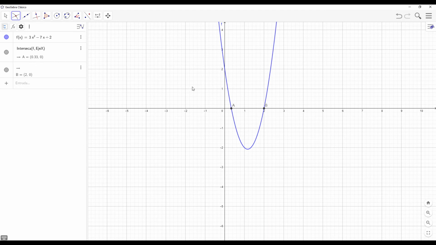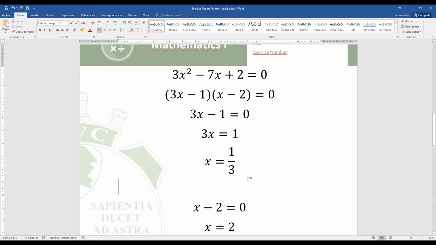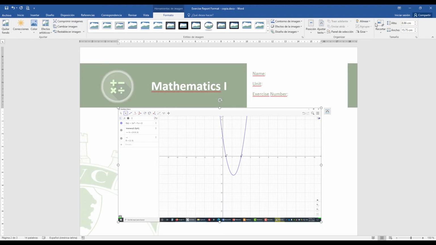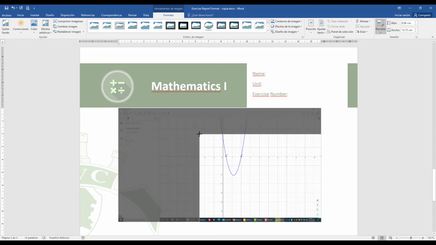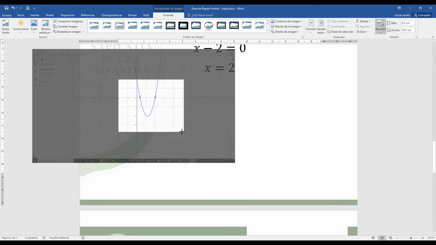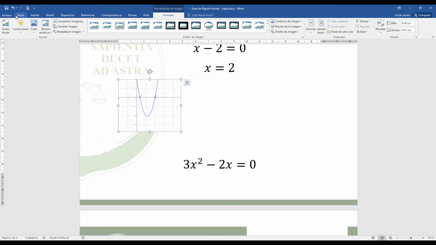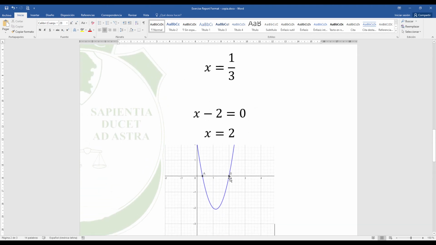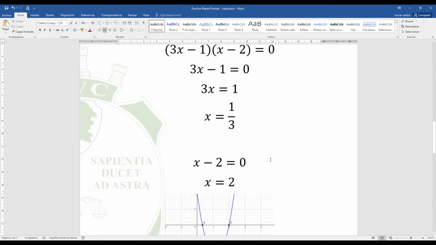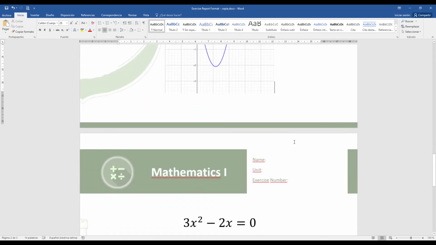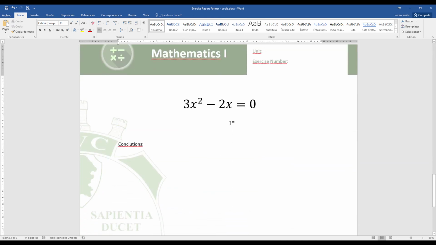You need to copy the screenshot of that. This is 2 and 1/3. Yes, it is correct.